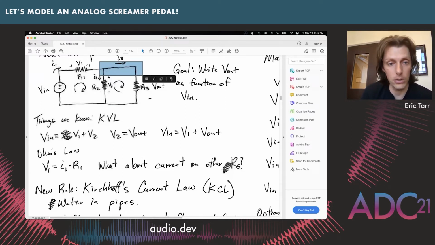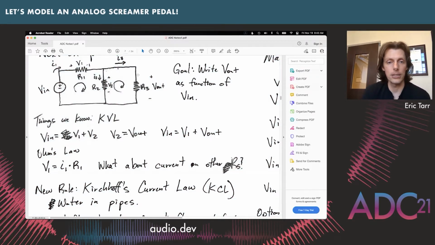This part up here is a single node because there's no component that separates these parts until we hit this resistor, and this resistor. And that's going to be measured down here relative to this other point, which is our reference on it. So the voltage that we have across this resistor R2 is equal to this resistor over here, V out, okay? So that's another important relationship for it. So we can write it as Vn equals V1 plus V out.